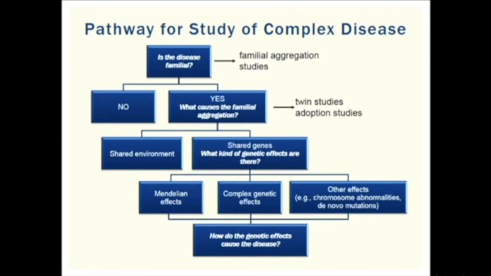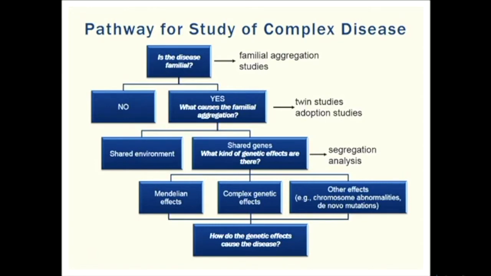If we see that the familial aggregation is due to shared genes, we want to know what kinds of genetic effects are there. Is it all complex disease? Are there Mendelian effects? Are there chromosomal abnormalities, et cetera? A method called segregation analysis can be used to look at the pattern of incidence of disease in families and see whether it's consistent with these different models.